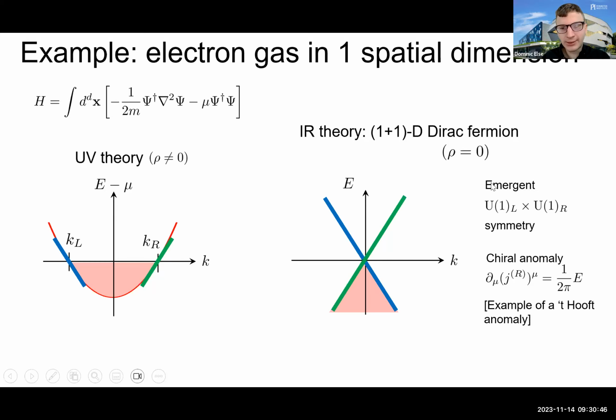So it turns out that these two properties, in fact, you have this emergent symmetry, and you have this anomaly of the emergent symmetry, are what allow this 1+1D Dirac fermion to be consistent with the UV theory at non-zero charge density.